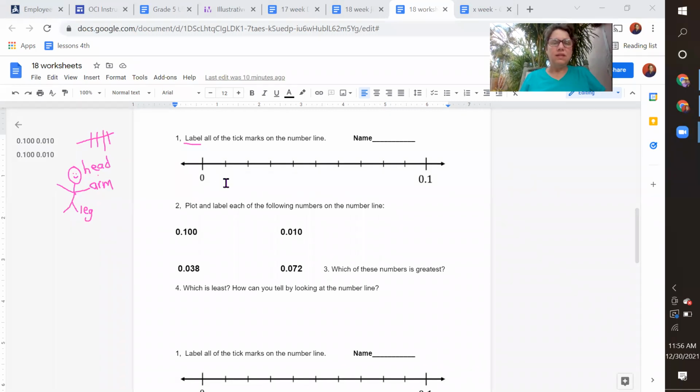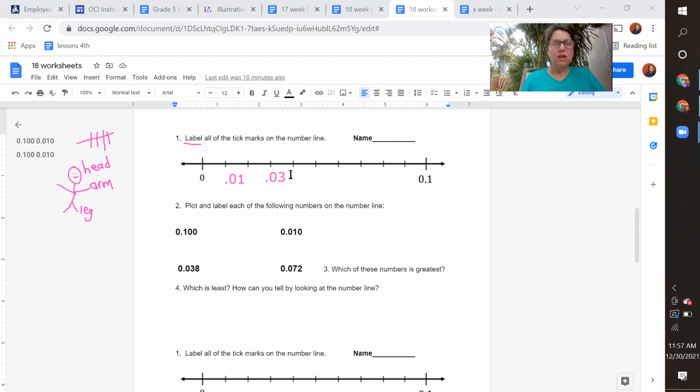And this is 0.01. That's the first tick mark. And then the next one's going to be 0.02, 0.03. I can't do all of them because this is too small, but you could do this.